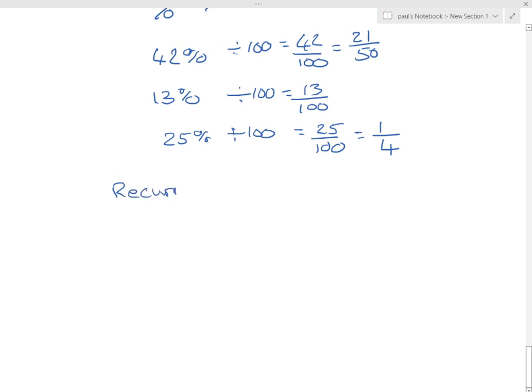Recurring decimals. If you go on your calculator and you do 1 divided by 3, let's change that into a decimal. So it's 1 divided by 3.